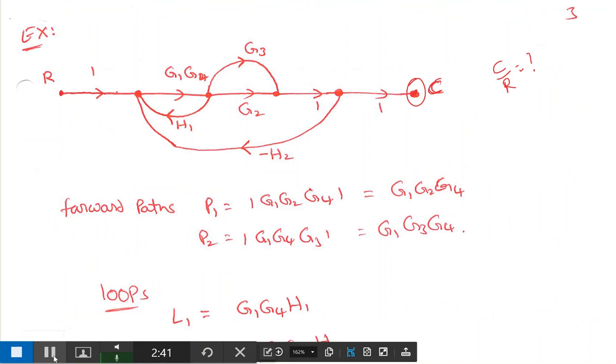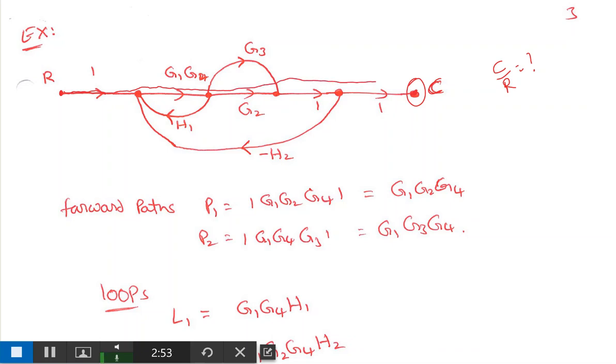In this diagram, the forward paths start from the input and reach the output. If I go through 1, Z1, Z4, Z2, 1 and 1, that's one forward path. Another forward path is 1, Z1, Z4, Z3 and reach the output. So starting from R, the input, and reaching the output C is called a forward path.